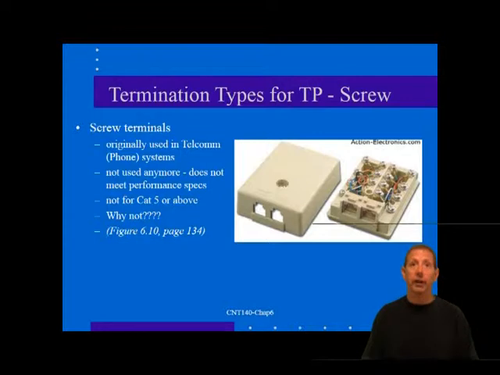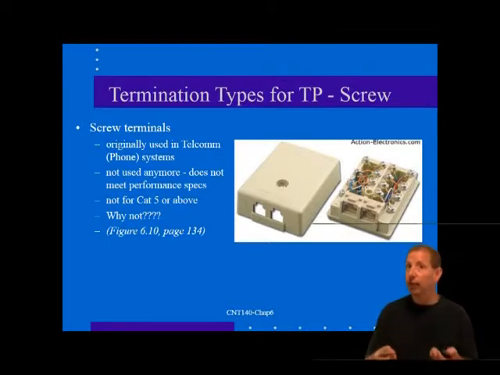Of course, you do not need to rush around and pull out all your old screw terminal plates that might be in your current network. Just remember that they cannot perform above Cat 3, and that old installations may have space-wired station cable that is untwisted or crossed before it even gets to the screw terminals.